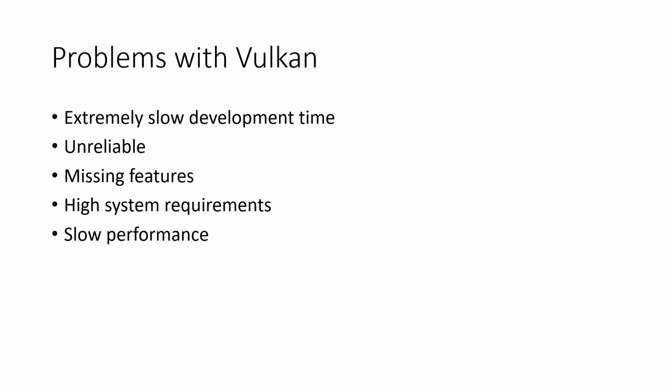The system requirements for Vulkan are higher, even though it's doing the exact same thing. And as we've seen in our situation, Vulkan delivers slow performance. I got a free 250% speed up in our renderer just by using OpenGL, and I'll talk about that too.